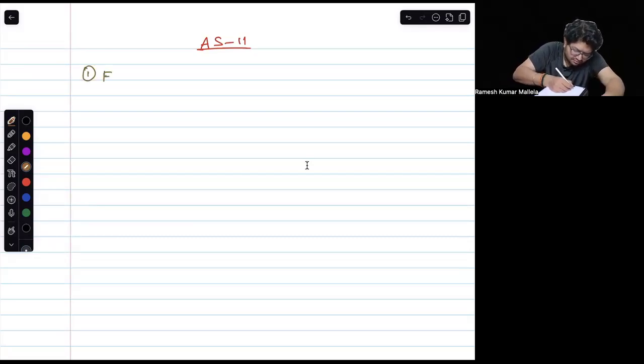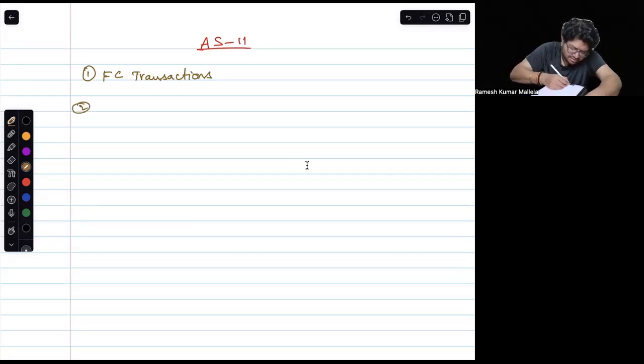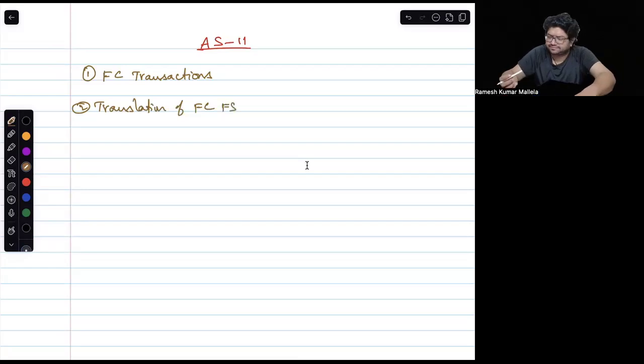One is foreign currency transactions. Second is translation of foreign currency financial statements.